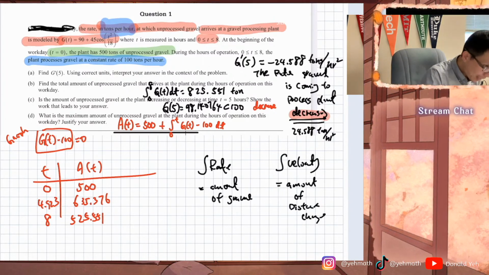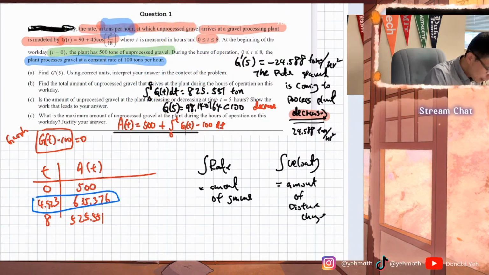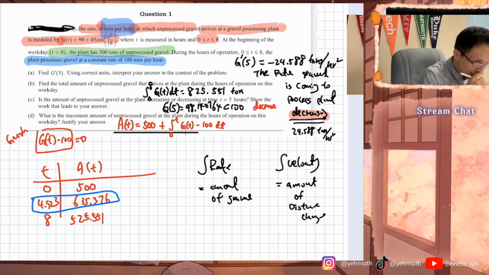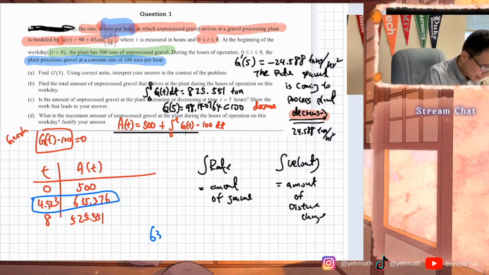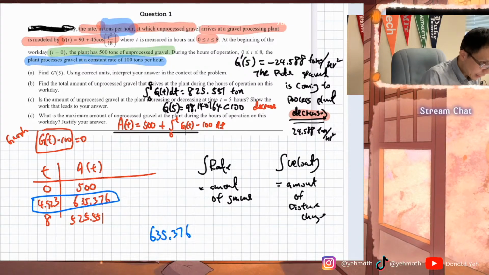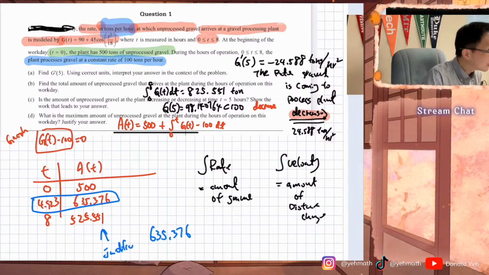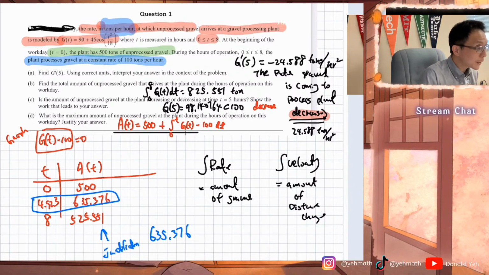So the maximum occurs right here. So what is the amount? 635.376. And this is the justification.